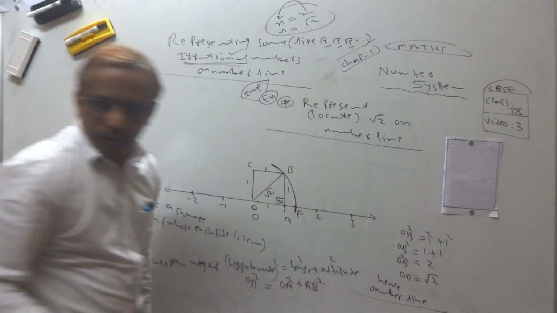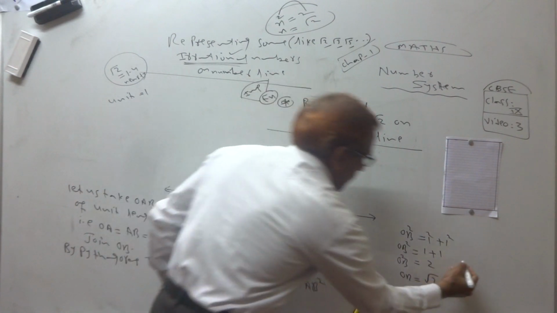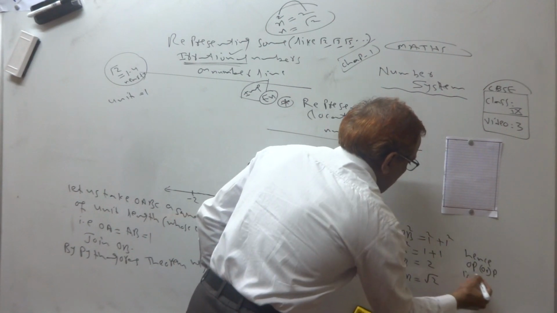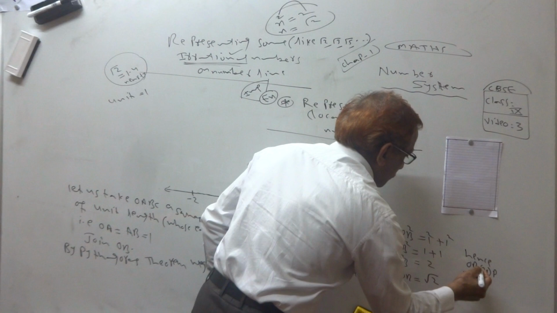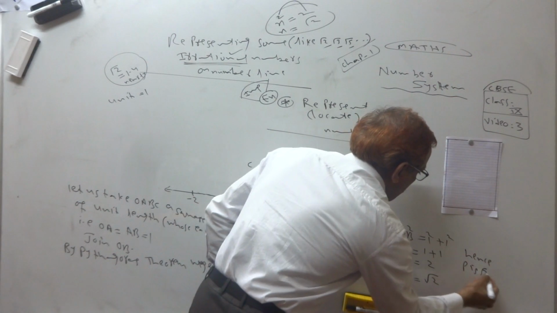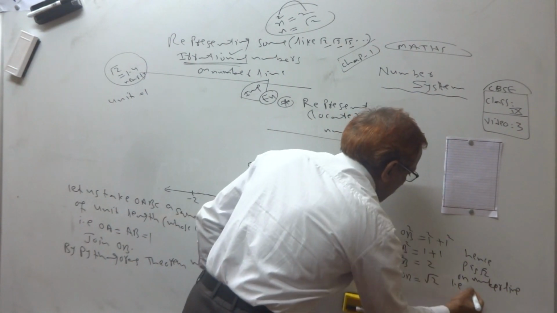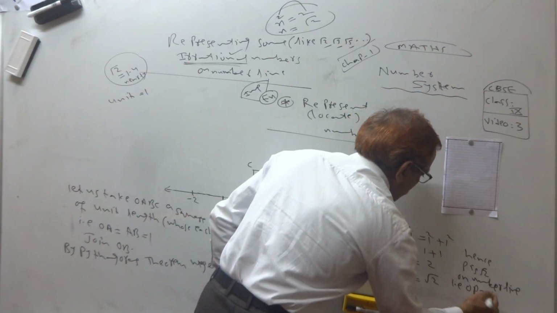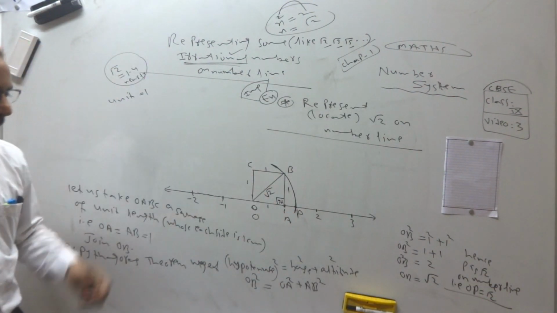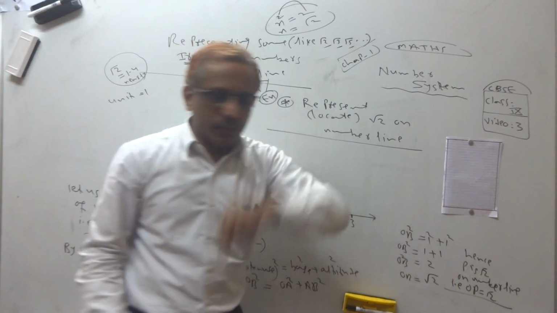Hence P is root 2 on the number line. That is, the value of OP is root 2. Now how do you do this in your notebook?